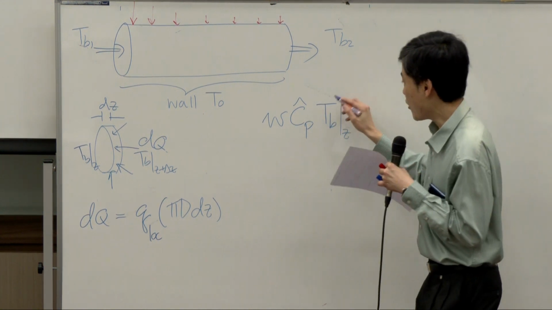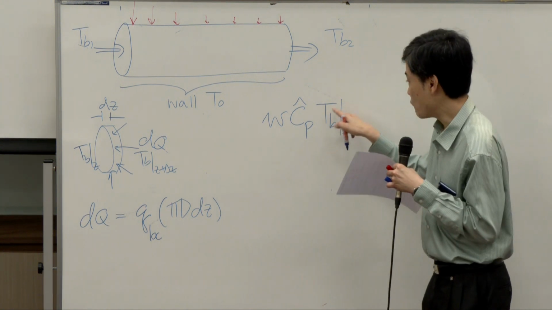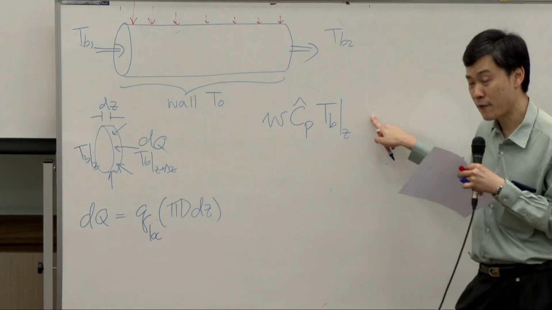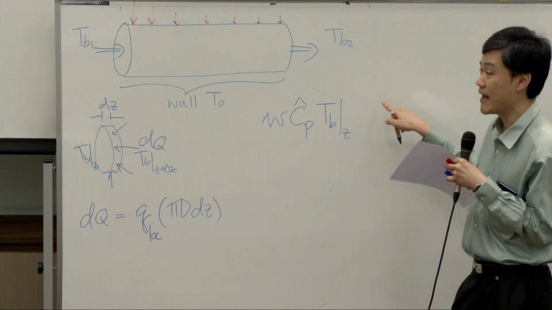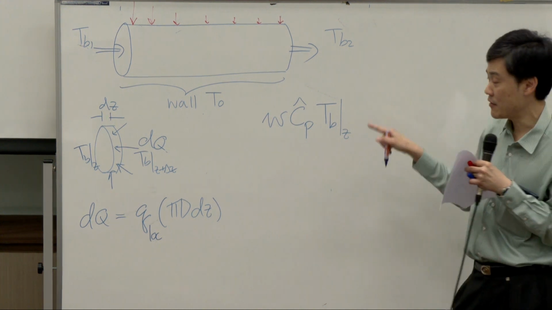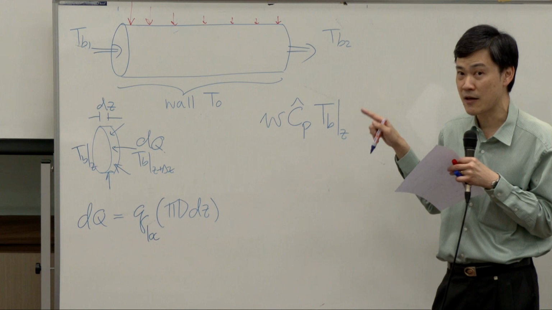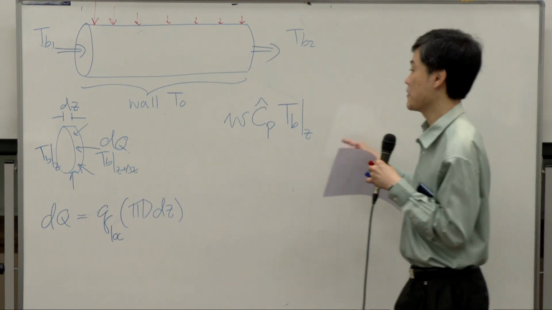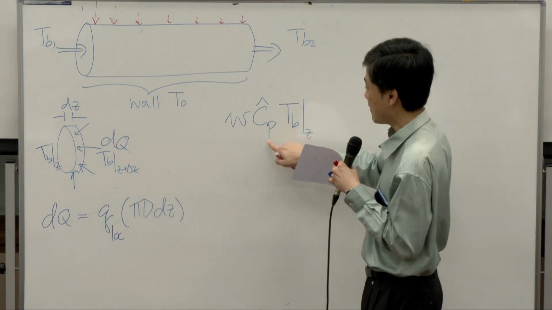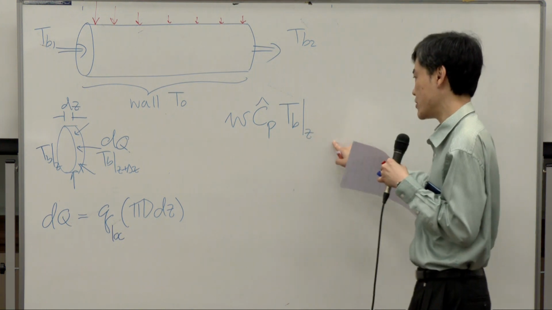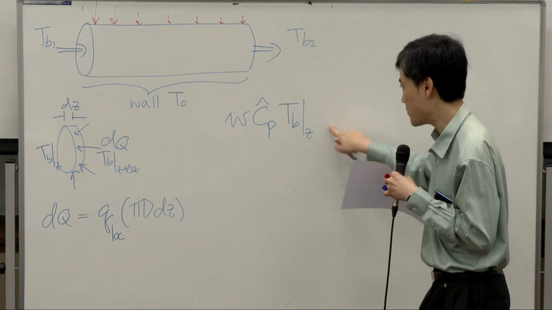Normally in thermodynamics, we take T subtracted by a reference temperature. Okay? And the reference temperature can be any number. In this case, I'm going to set the reference temperature to be 0. So mass flow rate times heat capacity times delta T, and this reference temperature becomes 0.